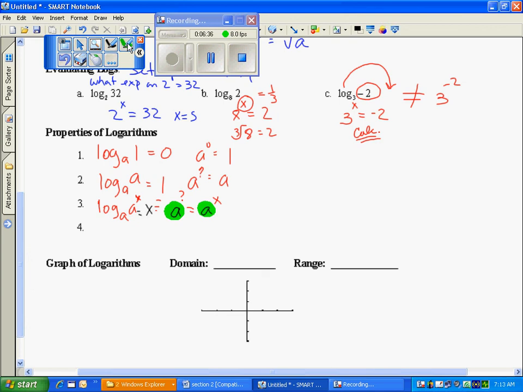And this one looks a little tricky. It's a to the log, and that's a power, of x base a. What is that going to be equal to? Well, if you think about what's going on here, we have f of x is a to the x, and the inverse of that we said was the log of this, which is rewritten.